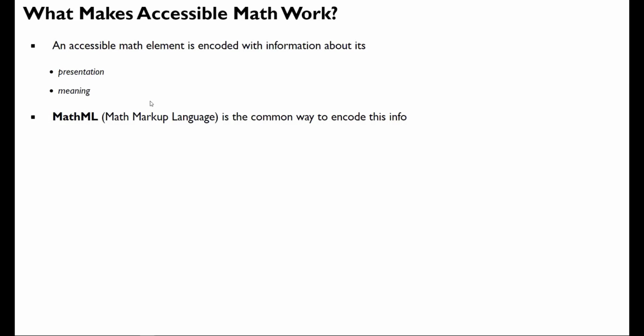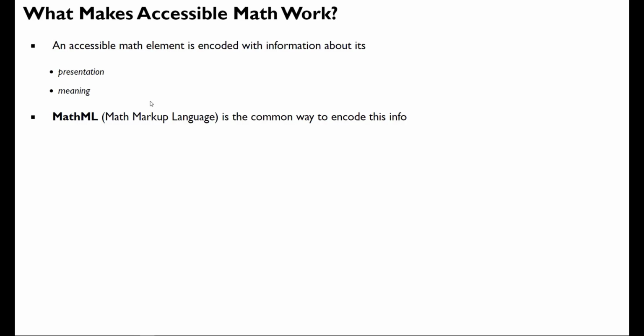You might remember breaking a sentence into a tree structure so that the nouns, the adjectives, the verbs all have a unique place within a structure. Math accessibility or accessible math is sort of like that. Each component of math is encoded in a way where the presentation of that math element and the meaning of it is in a document or in the web page. And the most common way that we encode that kind of information about math, its presentation and its meaning, is in a language called, or a markup language called MathML.